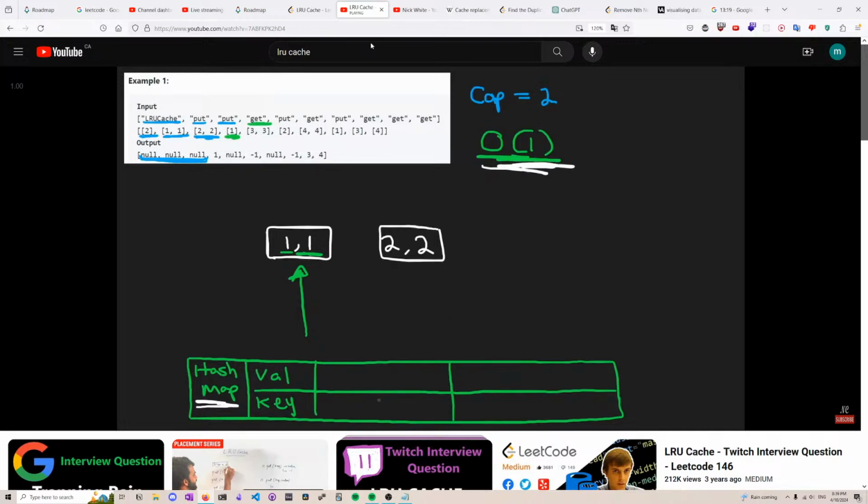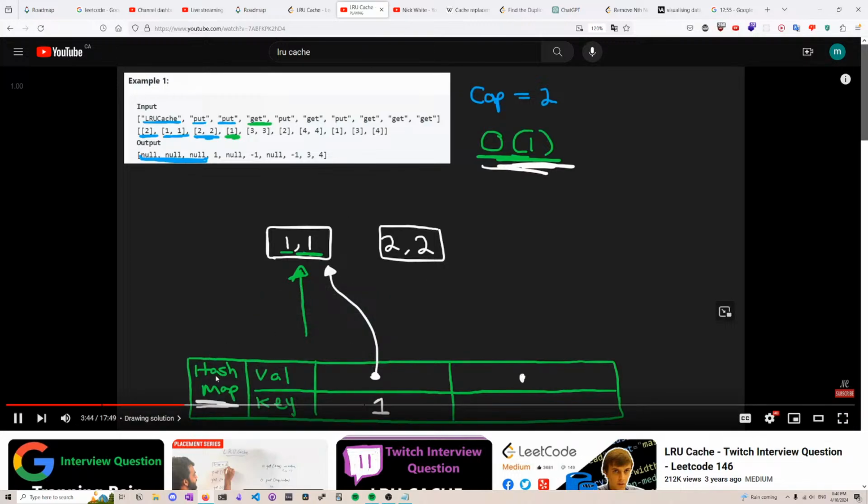So for the key value, we can use the same value that we use for each of our nodes. And for the value, we could also do the same thing. We could use the same value that we use in our nodes, but I'm going to show you why it's going to be a little bit better for us instead to have the value be a pointer to the node itself. And we can do the same thing with the second node that we inserted as well.